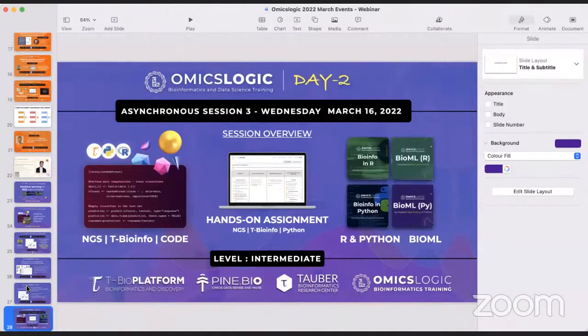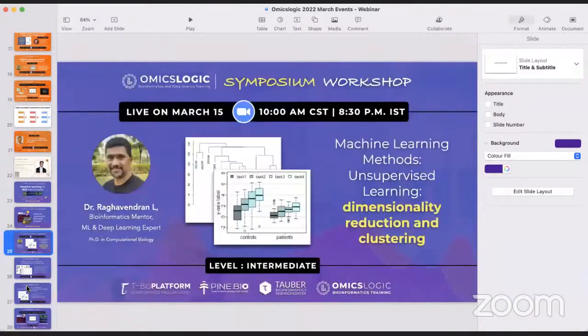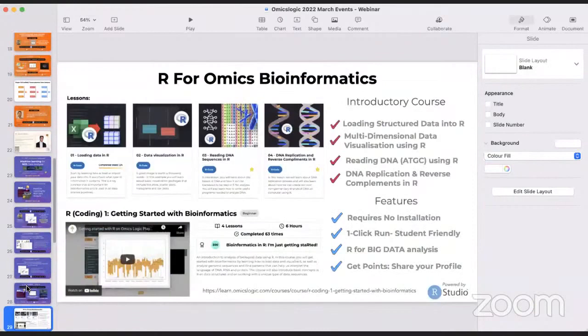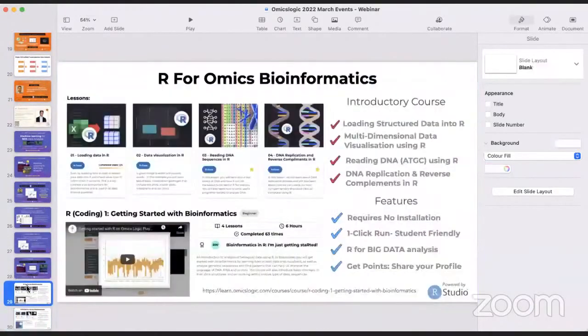So first we will learn about dimensionality reduction and clustering, and then we are learning about predictive analysis. And in this entire workshop, you'll also be getting tutorials like R for Omics bioinformatics.